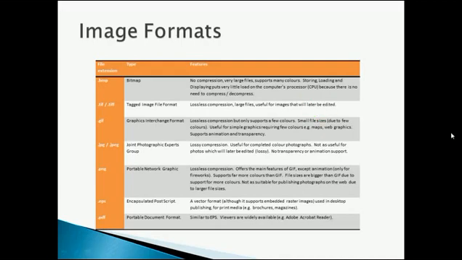websites. We have the GIF, which is used quite often. Now the GIFs only have 256 colors, and so generally we use GIFs for maps or cartoons or any type of drawing type image.